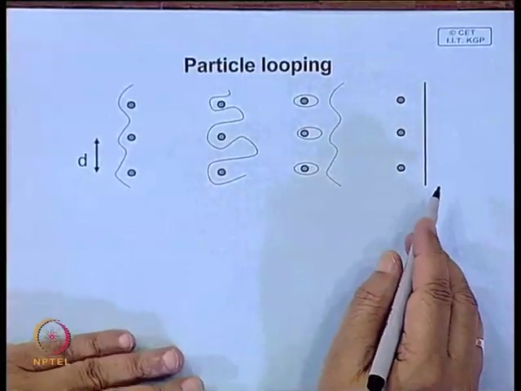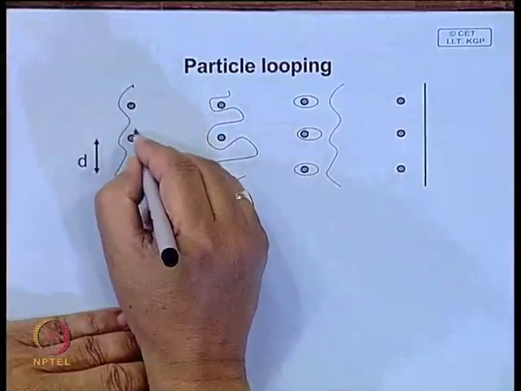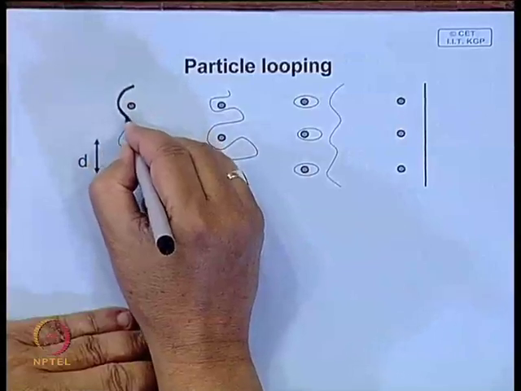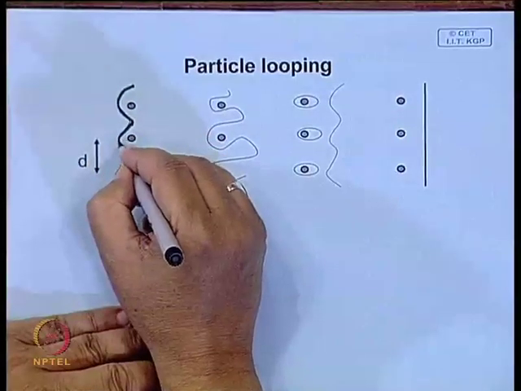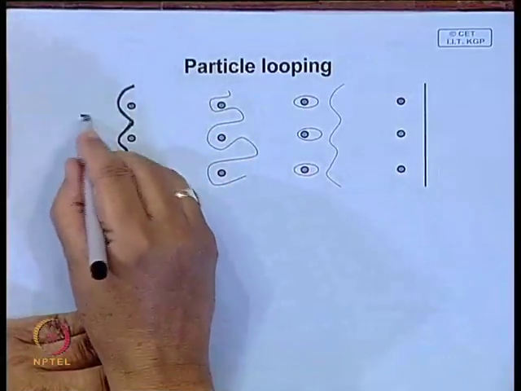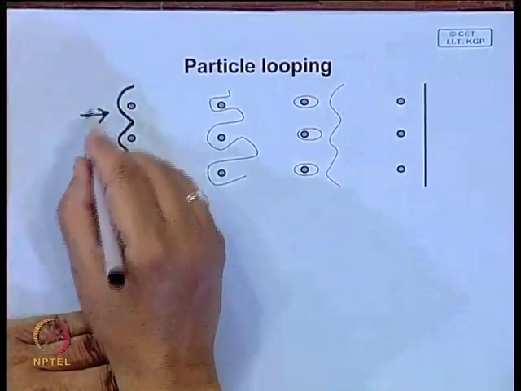precipitation hardening. And now, the same thing is shown in a little more detail here. If you have a distribution of precipitates in the matrix and a dislocation which is bent over here like this, this will happen when you apply a shear stress tau.